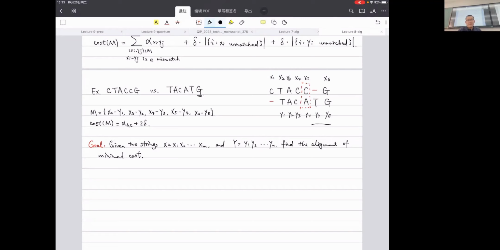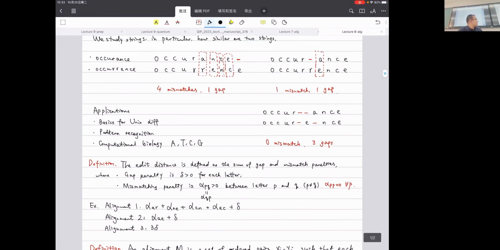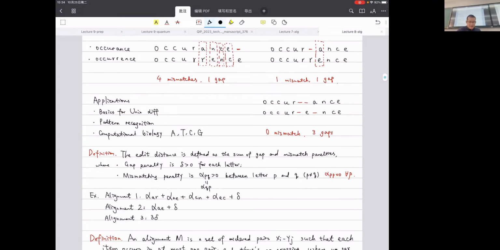Maybe you have some local greedy strategy, but it is not going to give you the best solution. Let's look at the first example of occurrence and occurrence here. Maybe at the beginning you get a very good match between the first few letters, but at the end you get a lot of mismatches. This is definitely not something you want here, so a trivial greedy strategy is probably not going to work. You are going to need to think about this more carefully.